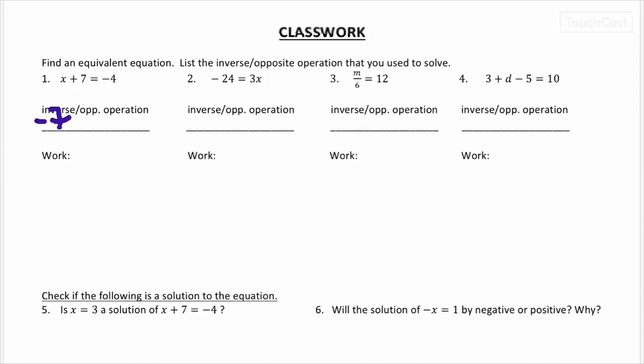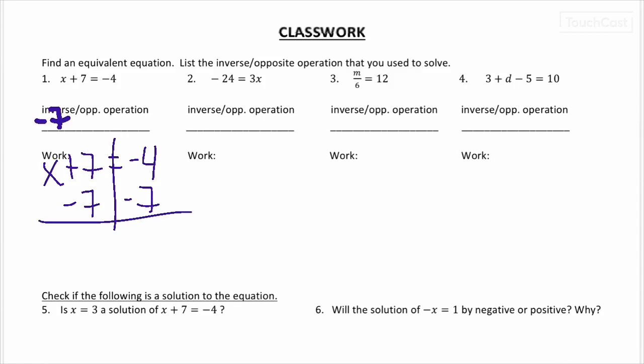Okay, and then I'm going to go ahead and do that now. So I'm going to minus 7, draw my line down the equal side, minus 7 from both sides, plus 7 minus 7, this right here is 0.